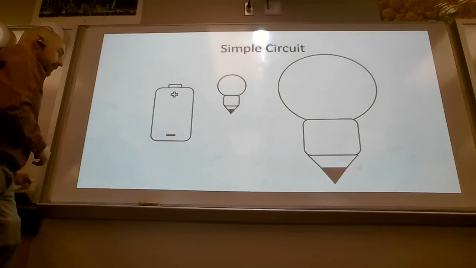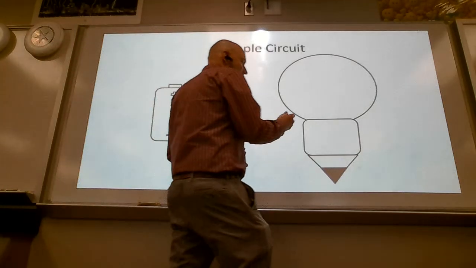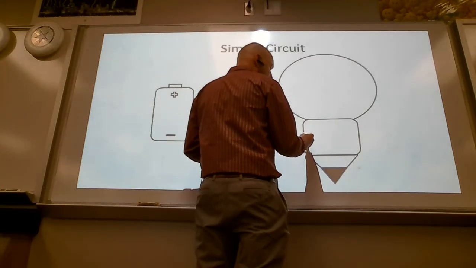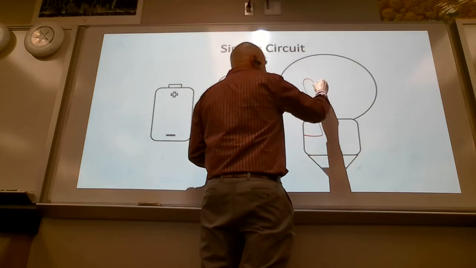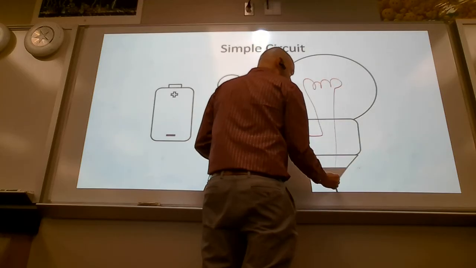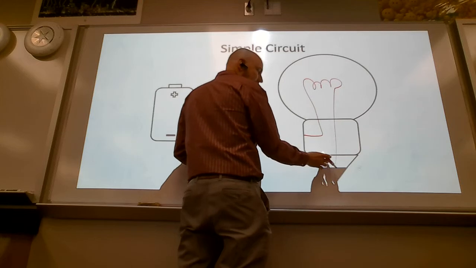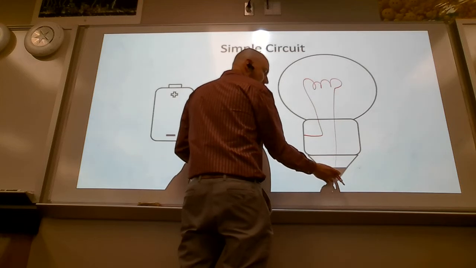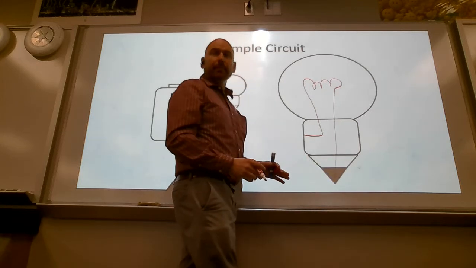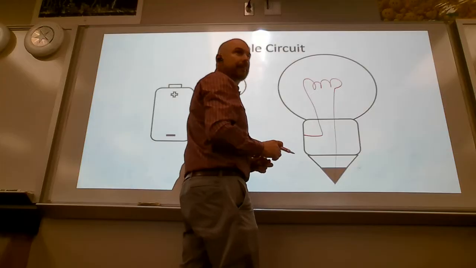So here is how a light bulb is wired. There's a distinction between the side casing, then an insulation, and then the tip. This is called the filament.